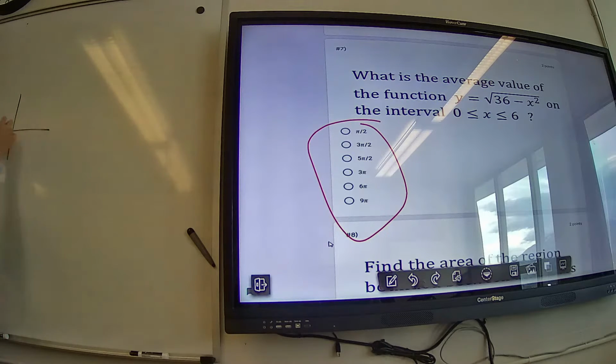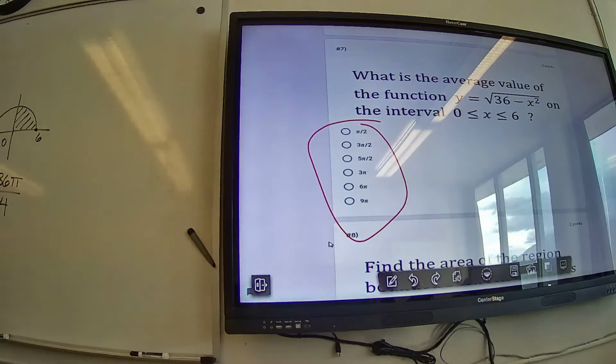So half circle, radius of 6, and what's the average value between 0 and 6? The integral would be about a quarter of the circle.